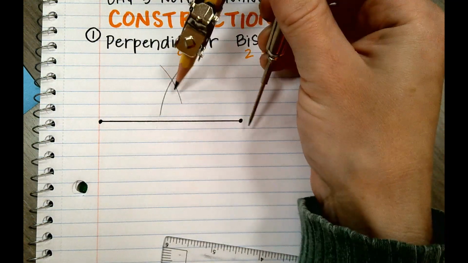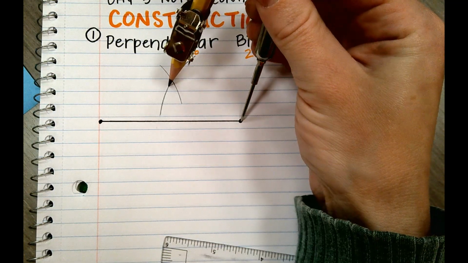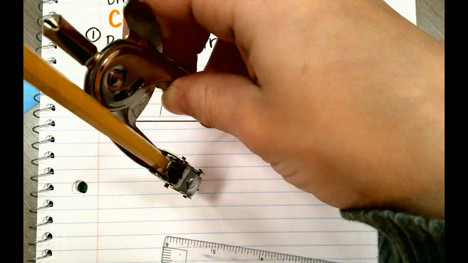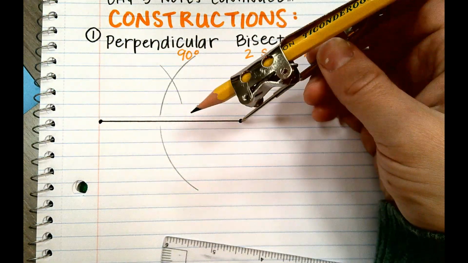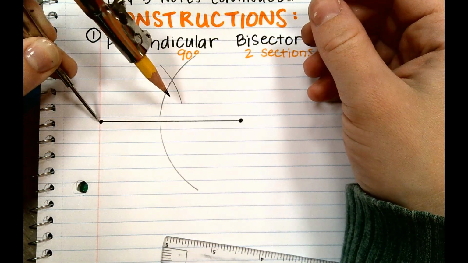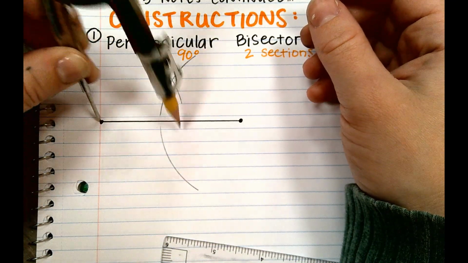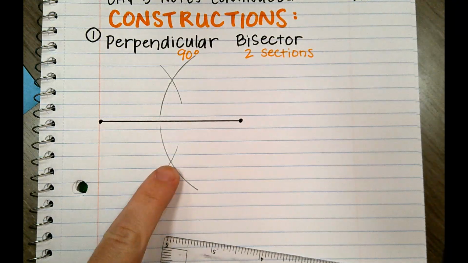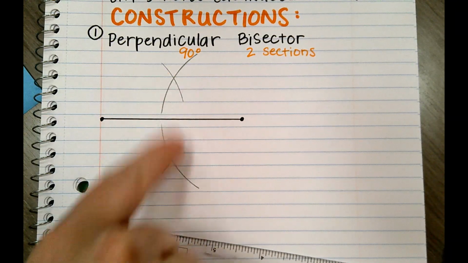So I'm going to make sure that it's still open to the same size. Back on the first point, make an arc. To the other point, make sure it's open to the same size. Cross that other. Now I have 2 intersections.